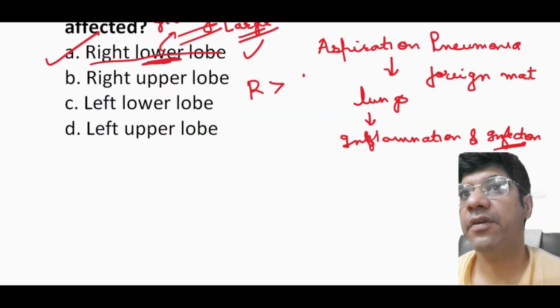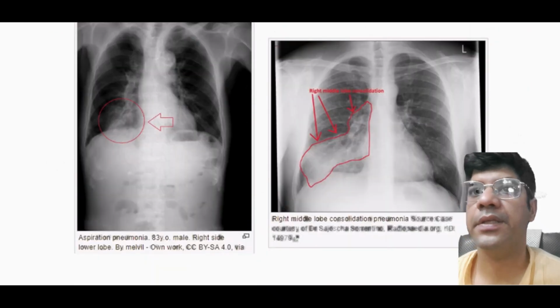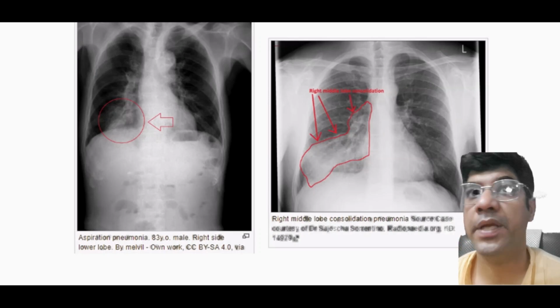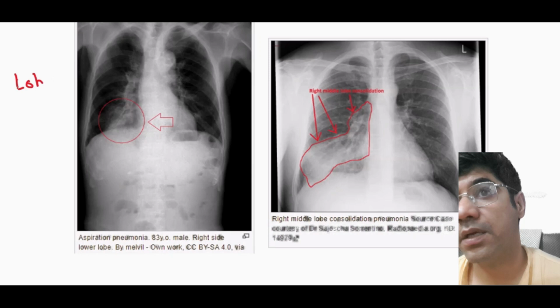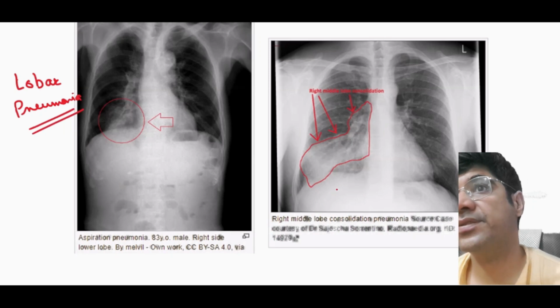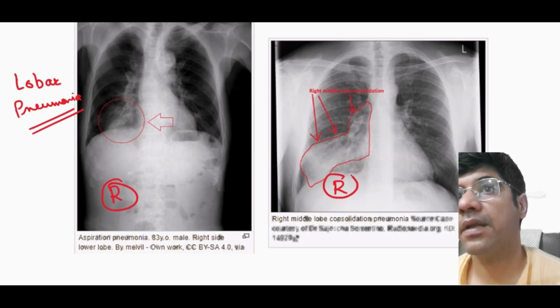Now on X-ray, what would you see? That is an important part. First, in the case of aspiration pneumonia, you would see lobar pneumonia. Here on the right side, the right lower lobe is mostly affected.